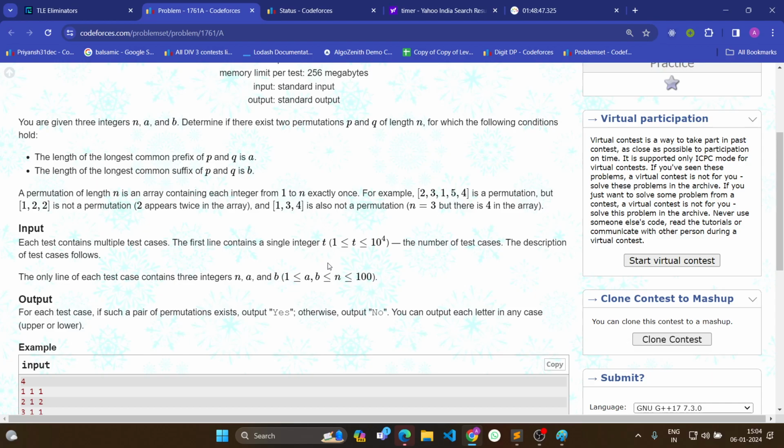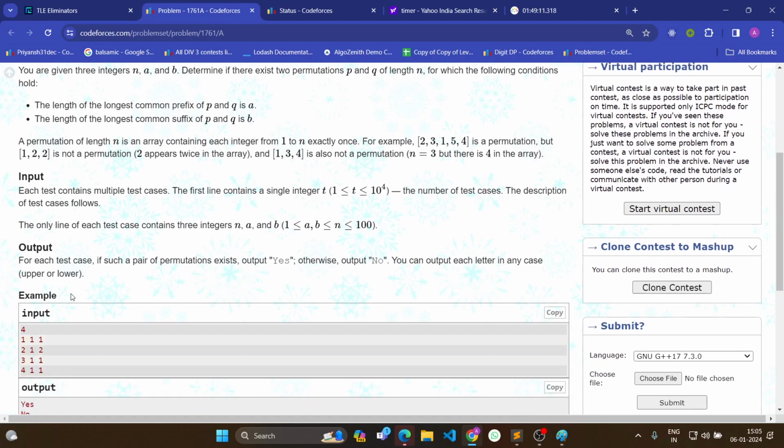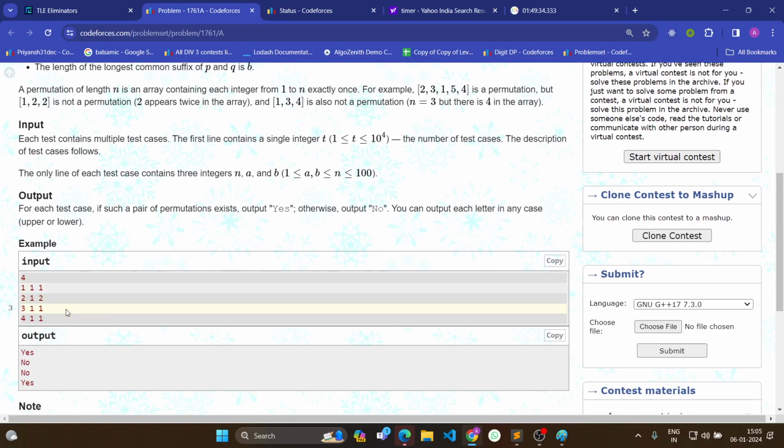The length of the common prefix is a, and the length of the common suffix is b. Yes, yes, no.